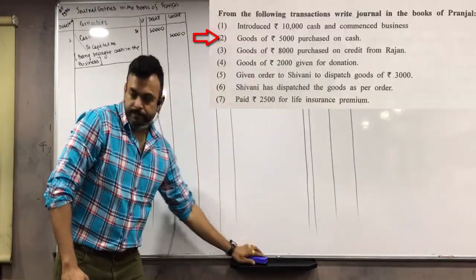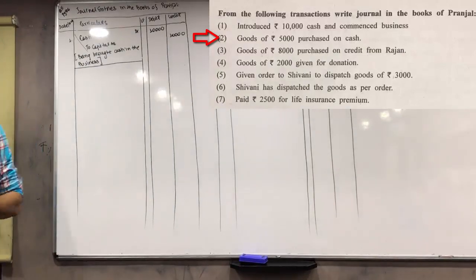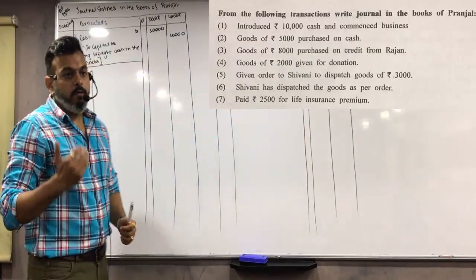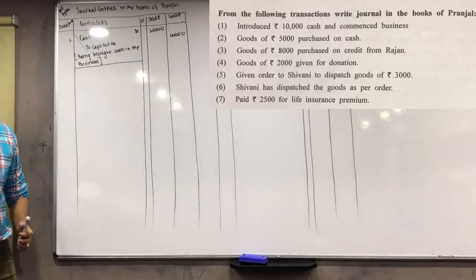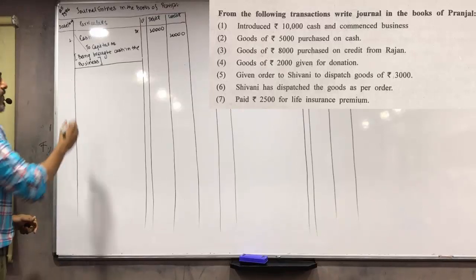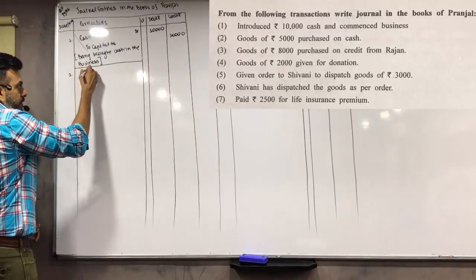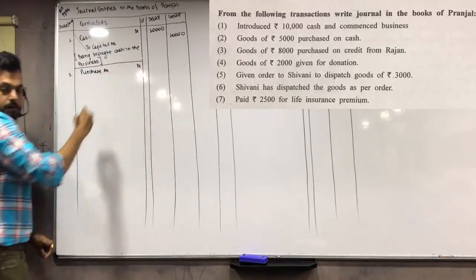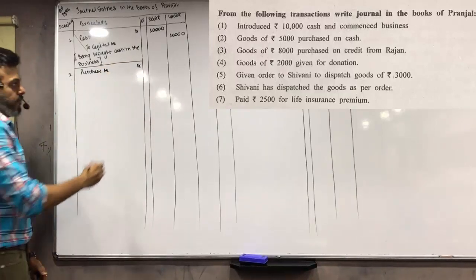Second one, goods of 5,000 purchased on cash. Now effect A, what comes in? Goods comes in, but we are buying goods, so the name of the account is purchase account. So we write purchase account debit. Amount is 5,000.